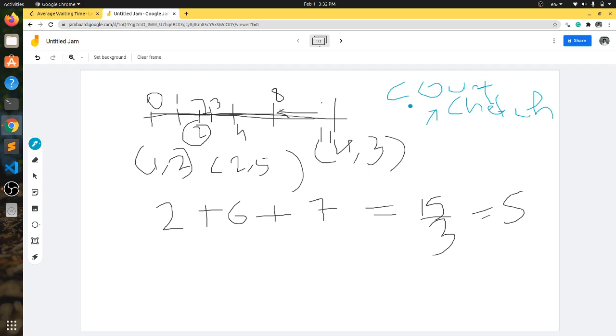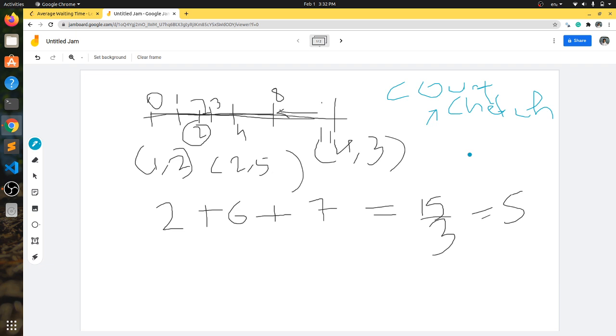Let's see, somehow we find a variable for the starting time of preparing the dish of the ith customer, and then we add the time taken by the chef to prepare the meal.